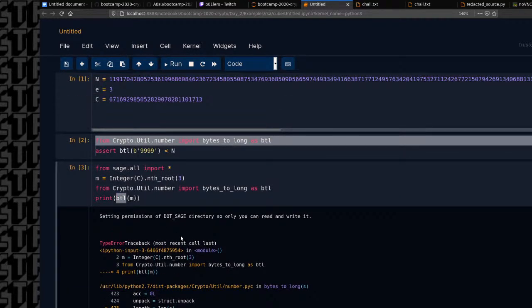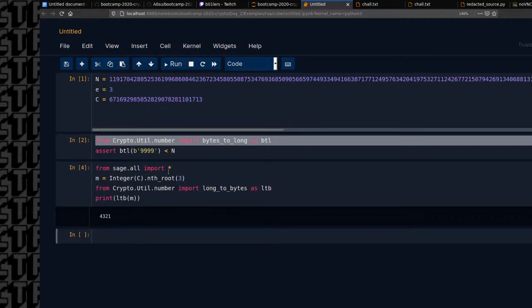My bad, this is supposed to be long to bytes, it's the other way around. Right, so then you get back that the bank pin was 4321.